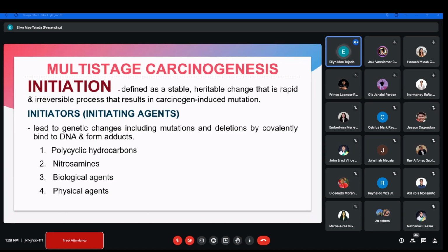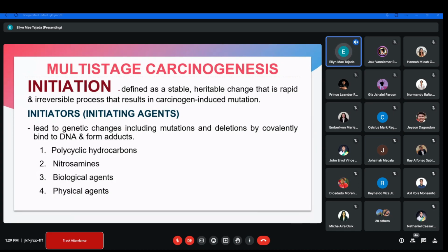By the way, these biological agents could be your viruses, your bacteria, and so on and so forth. The physical agents are referred to as radiation, such as X-rays and UV light. So these are some of the factors.